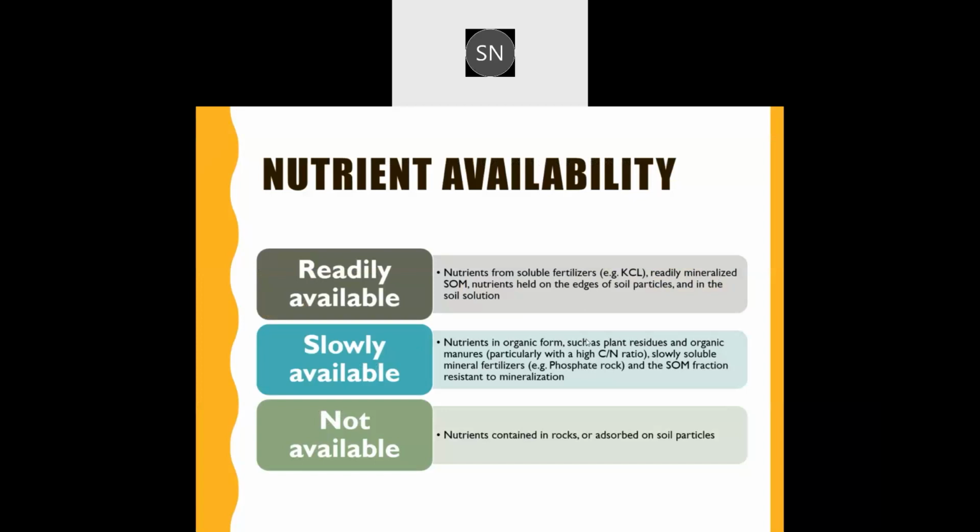Nutrient availability: we have three types of nutrient in soil, whether the nutrients are readily available, slowly available, or not available. Usually, not available are those that are locked in the soil. The plant cannot uptake those nutrients.